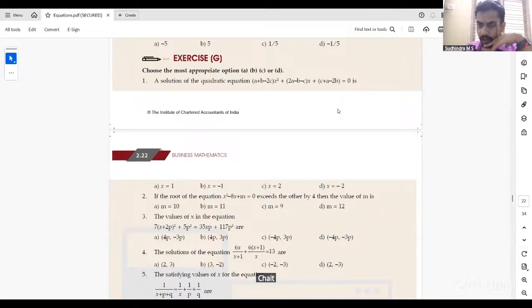Chetan, you have to recheck. Others, are we solving? Pranav Pai, correct. Nandita, you have to recheck.